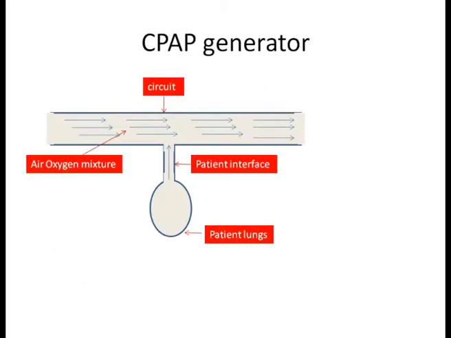Now let's look at the CPAP generator. Here in this slide you can see the gas is flowing in the circuit, and this circuit is connected to the patient lungs through a patient interface.